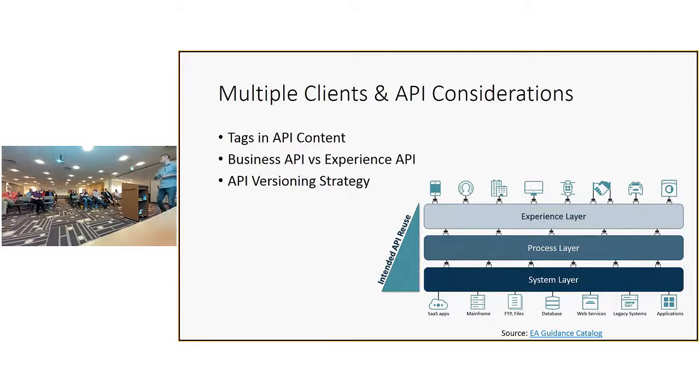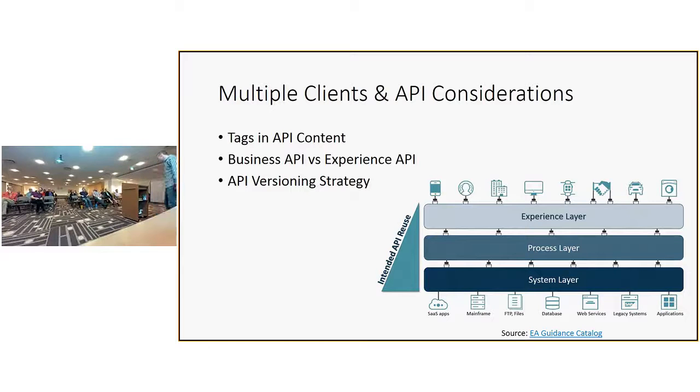They're specific to a specific client. So you could, I'm not saying you put tags even in this, but you could write an experience API that tailors that data specific to your client's needs. So there are different types of APIs you could use, and you can consider that when you're building for multiple clients.